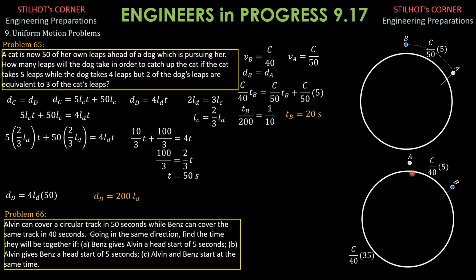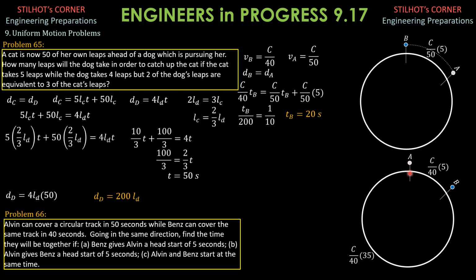So the distance traveled by Benz should be equal to the speed of Benz times the time of Alvin. Then the distance that Alvin should travel is equal to the speed of Alvin, which is C over 50, times the time of Alvin.